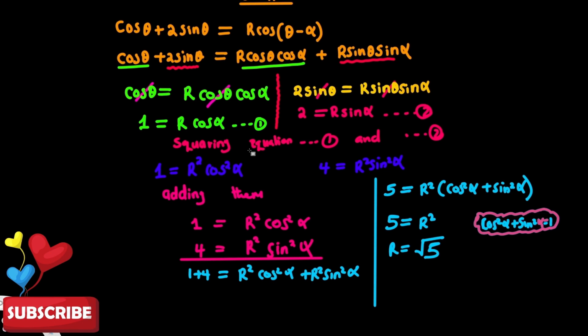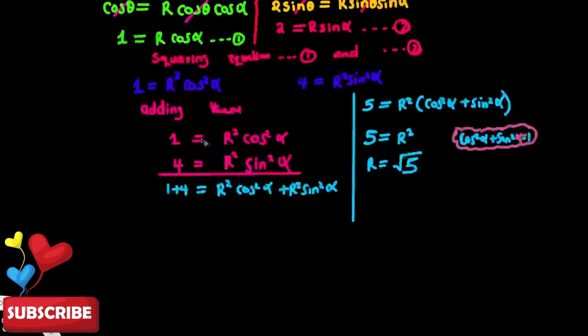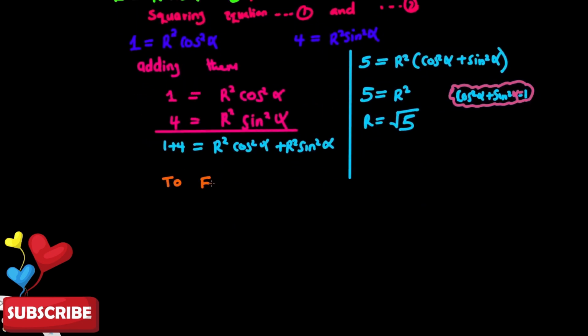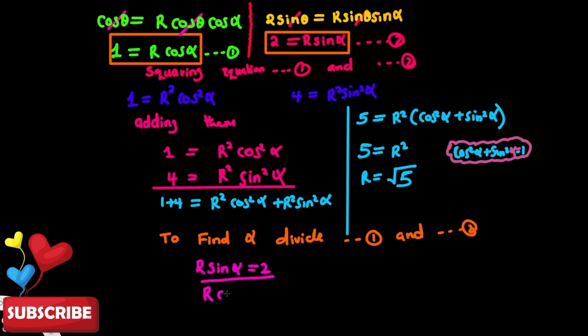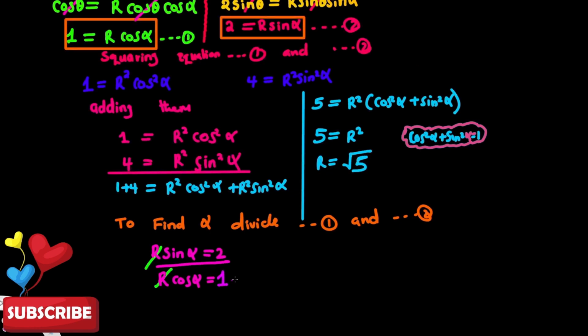The next part that we are going to look at also is finding the value of alpha. In order to find the value of alpha, we are going to divide the two equations. And you can see now from these two equations, if you divide the second equation by the first equation, you are going to get r cos alpha equals 1.